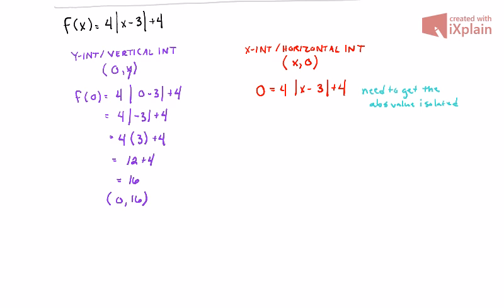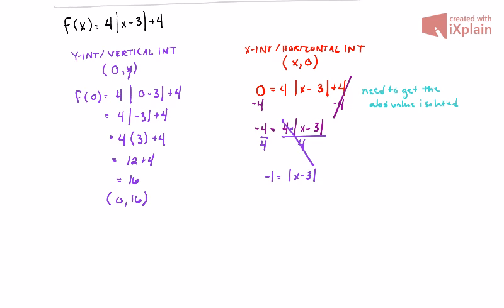So in this situation, I'm going to subtract 4 first to start clearing that. So now I have negative 4 is equal to 4 times the absolute value of x minus 3. But then I can do better, because now I want to undo the multiplication between the 4 and the absolute value. So I can clear that. And this leaves me with negative 1 is equal to the absolute value of x minus 3.